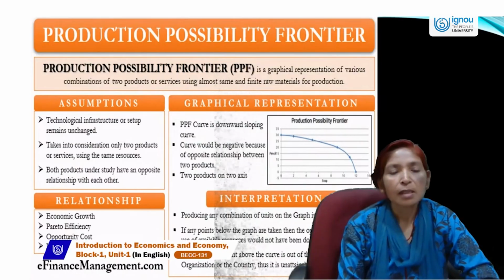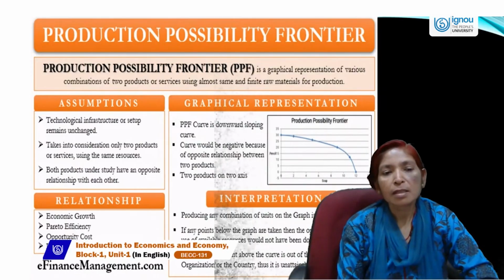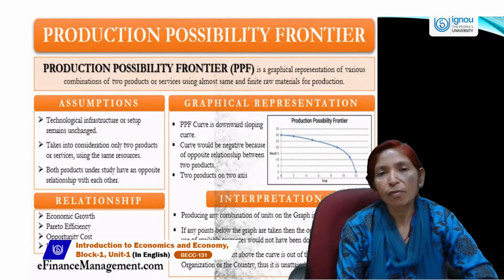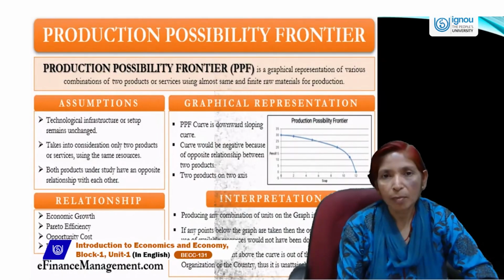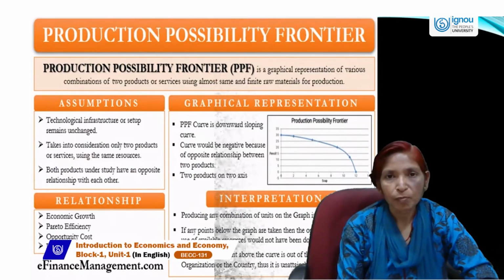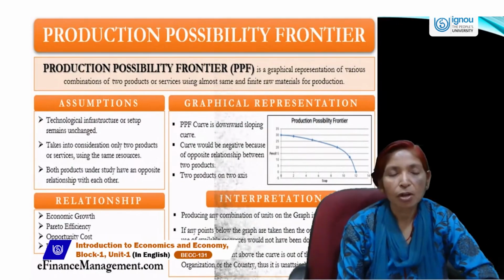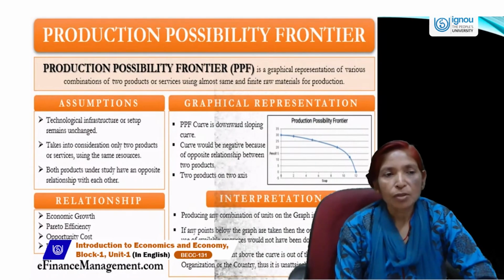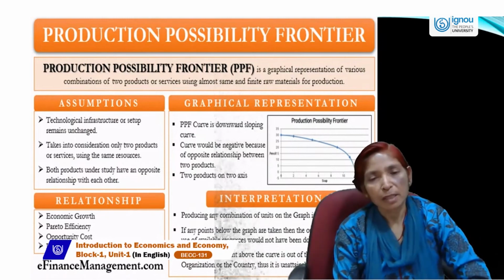And third is that both products under study have an opposite relationship with each other. It means if we increase the units of one commodity, we must sacrifice units of the other commodity. As production of X increases, production of Y decreases. So there is an inverse relationship with each other. So these are the assumptions of PPC.